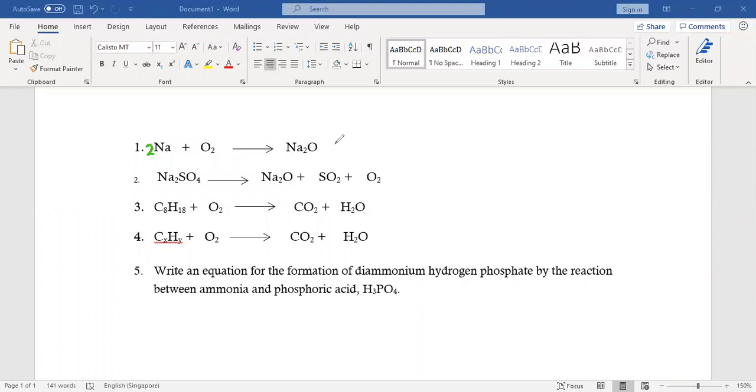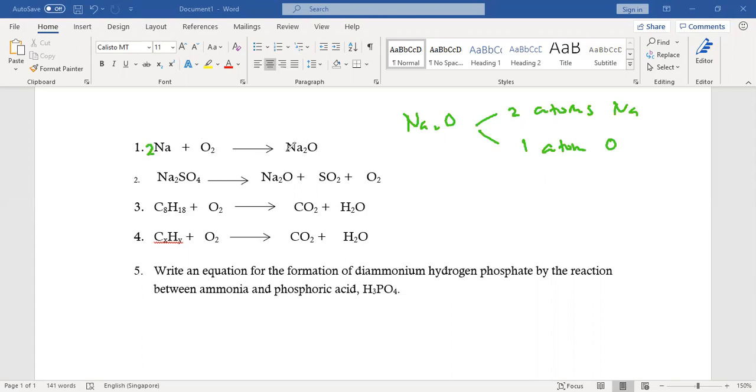If it says Na2O, it means that you have 2 atoms of Na and 1 atom of oxygen. Here you only have 1 atom of sodium, therefore we can put the coefficient 2. All right, so oxygen is 2, and here it is 1.